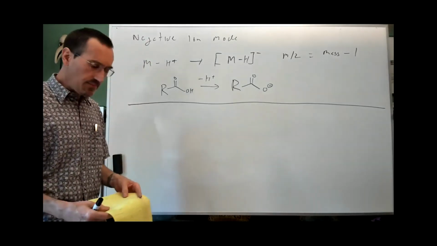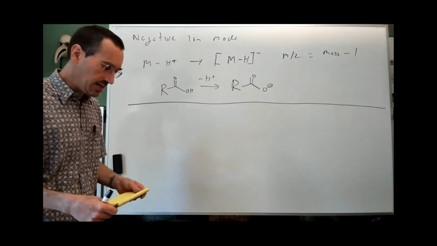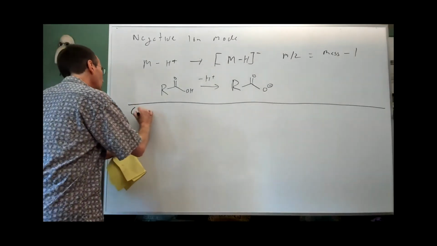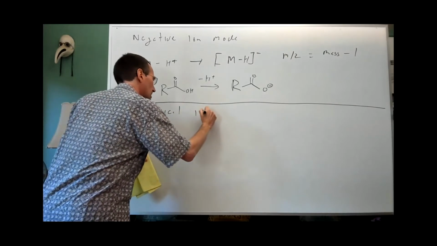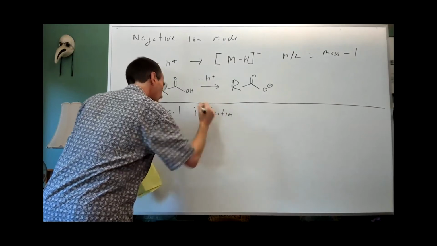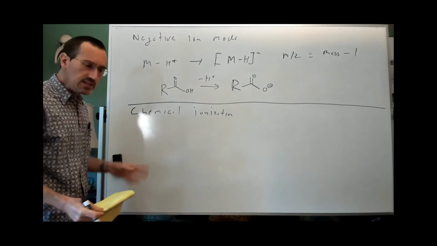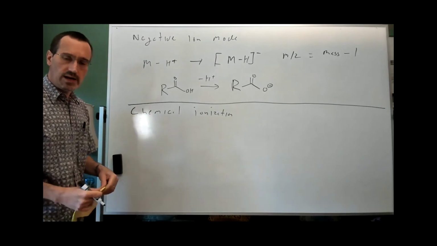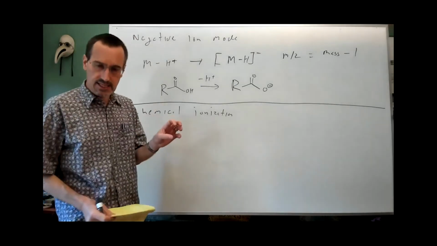But I want to take a moment now to introduce older ionization techniques. So one of the older ionization techniques is called chemical ionization. And chemical ionization is very similar to electrospray ionization, but you're heating the molecule to get it into the gas phase.